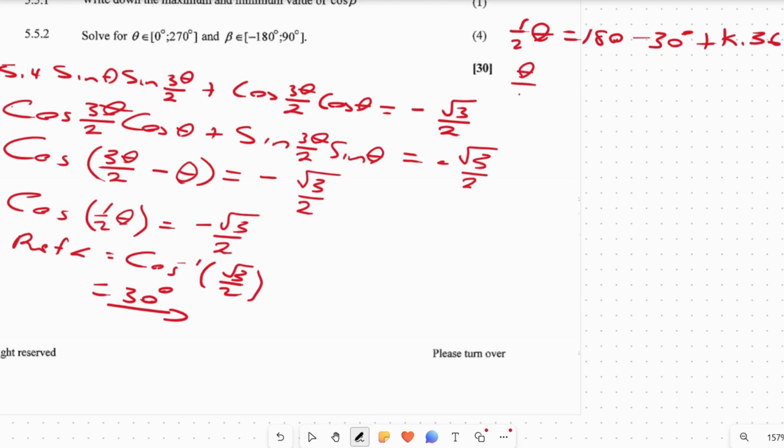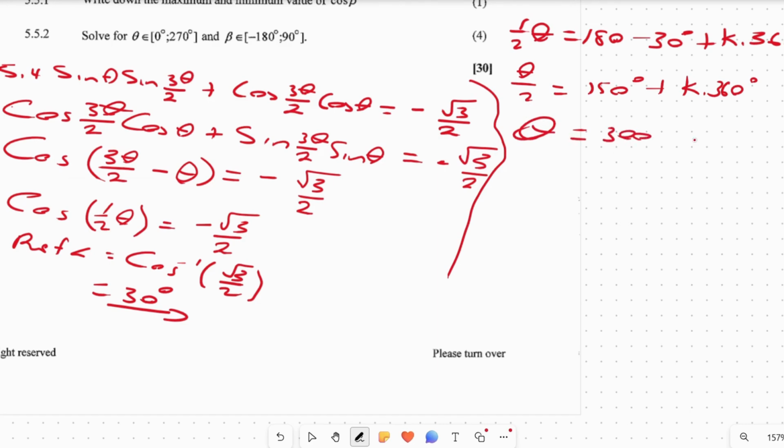So theta over 2 equals 150 degrees plus k times 360 degrees. So theta equals 300 degrees plus k times 720 degrees, where k is an element of integers.